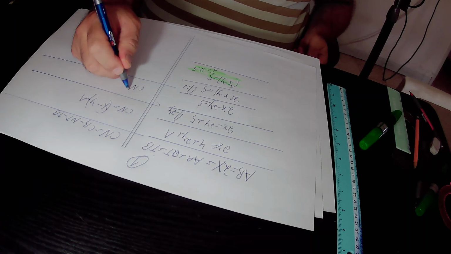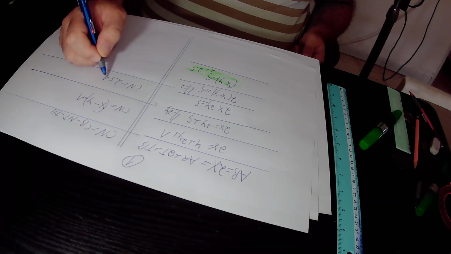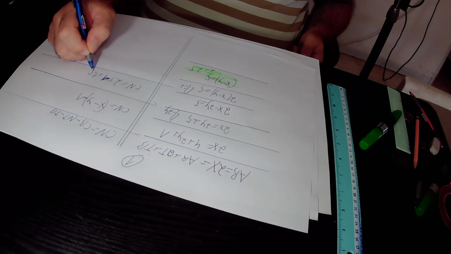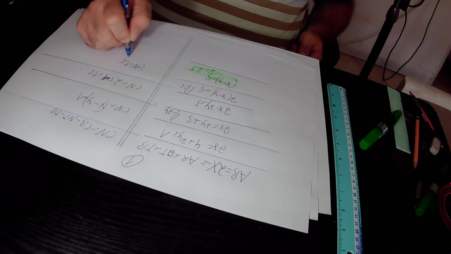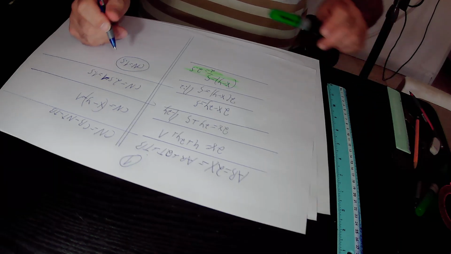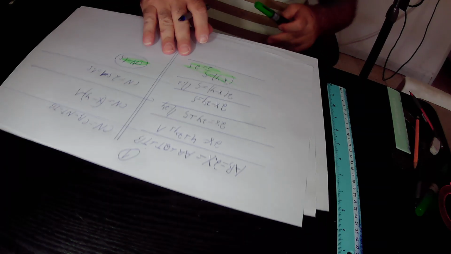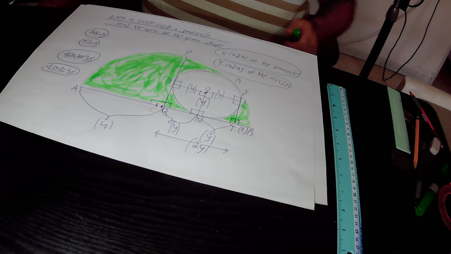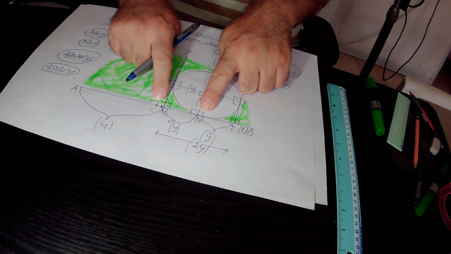So CN in total equals 2.5 minus 1. 2.5 minus 1 is 1.5. So in total we found out that CN equals 1.5 units in its length. This is CN, it equals 1.5 units in its length.